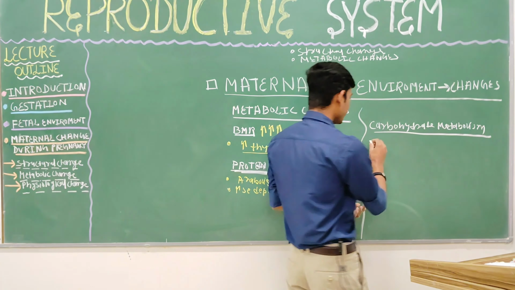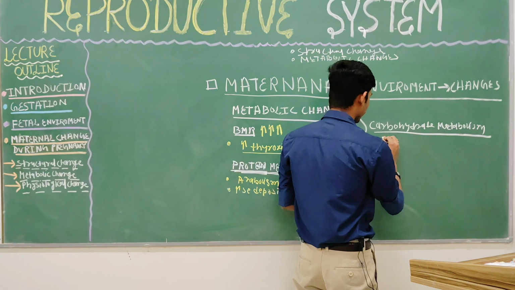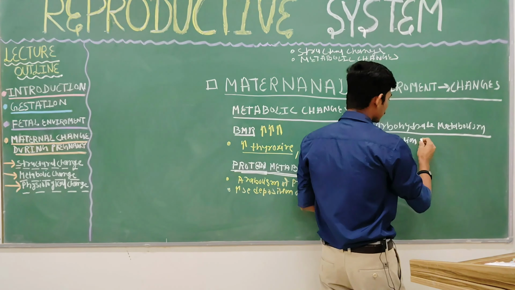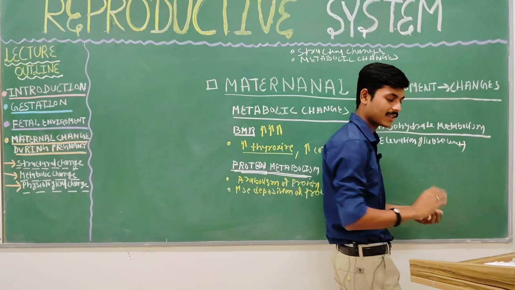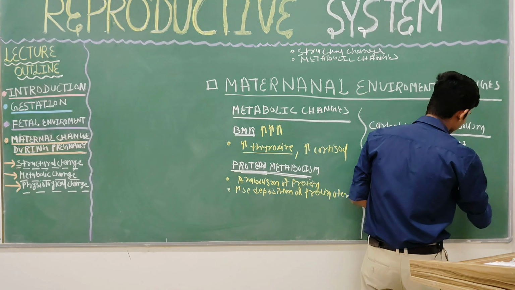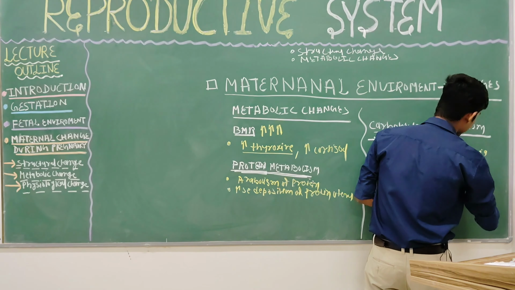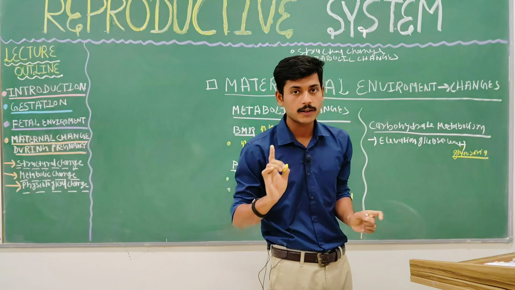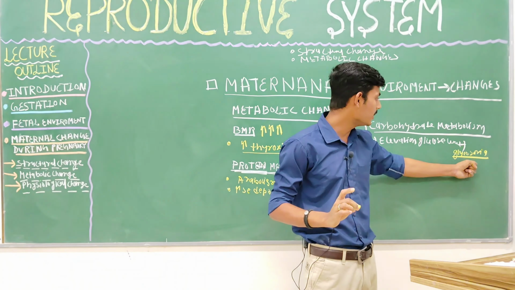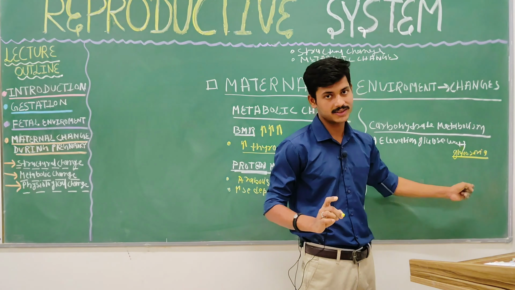Generally there is an elevation in blood glucose level during pregnancy, and the condition is called glycosuria. This glycosuria is considered normal during pregnancy, but there is a need for immediate attention and treatment of it.